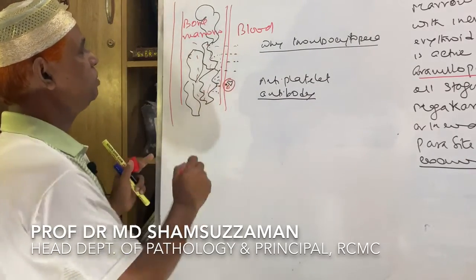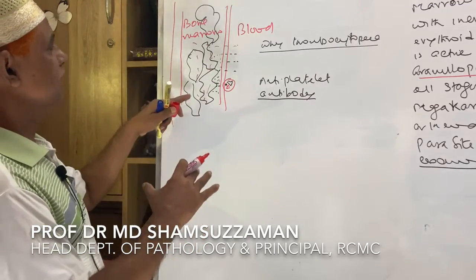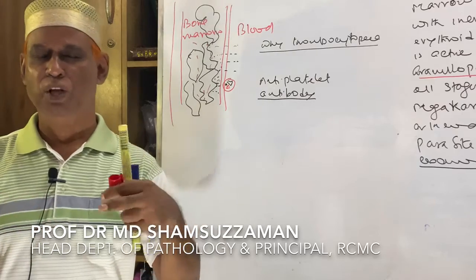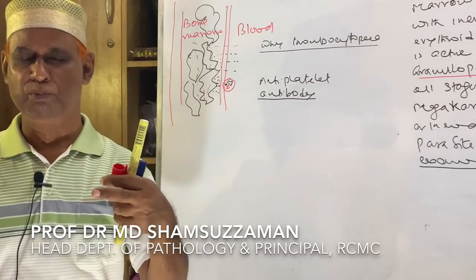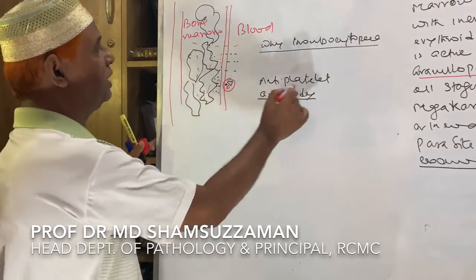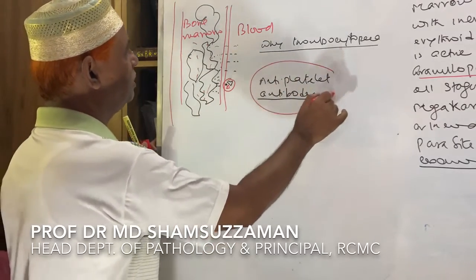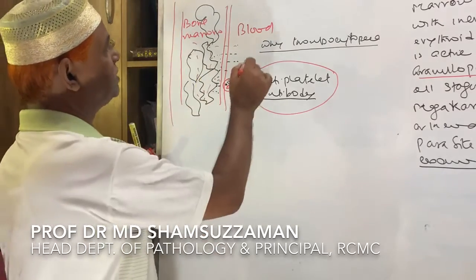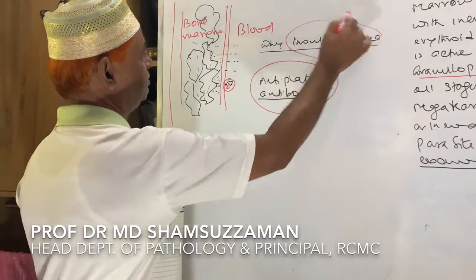So although there is a sufficient number of megakaryocytes in the bone marrow and production of platelets by budding, the produced platelets are destroyed by the anti-platelet antibody. So although there is an adequate number of megakaryocytes, there is thrombocytopenia in blood.